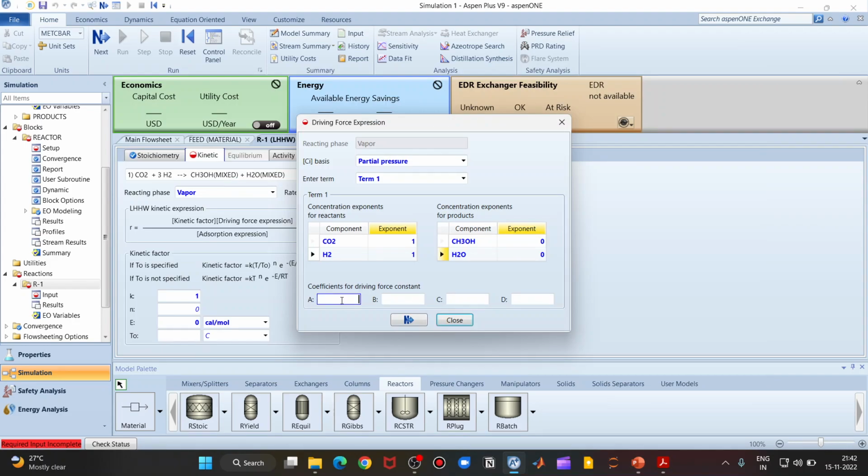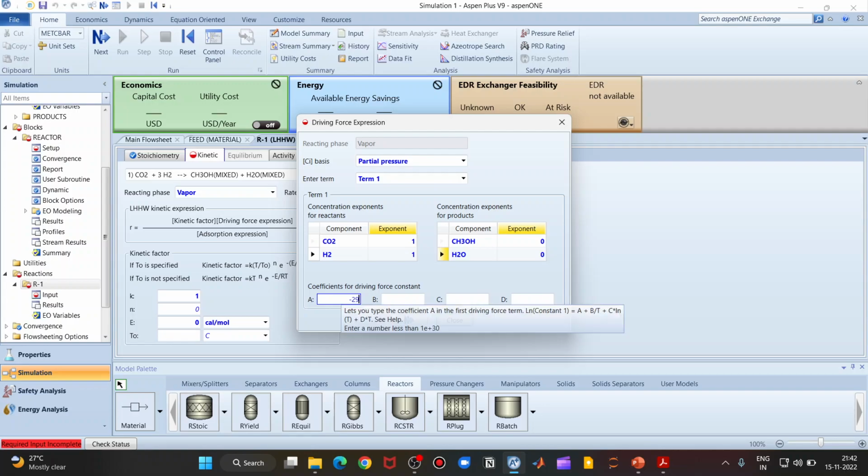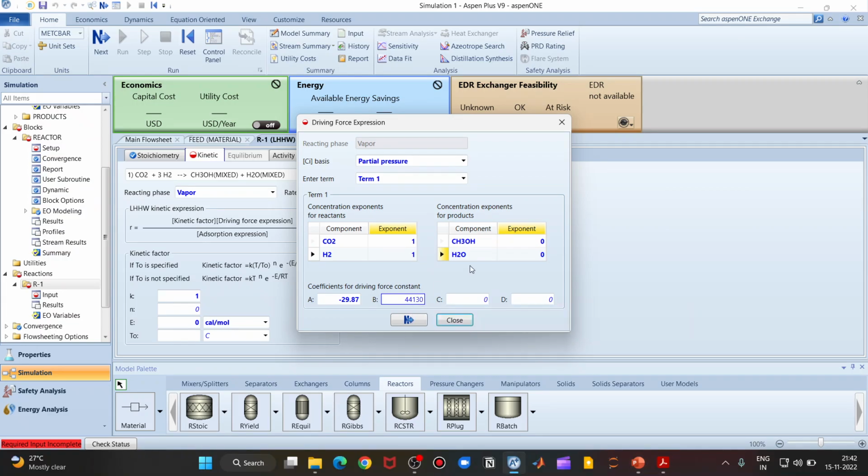So for term 1, A is minus 29.87, and B is 4,413, and C and D do not have any value, so they are 0. Now we have completed term 1.